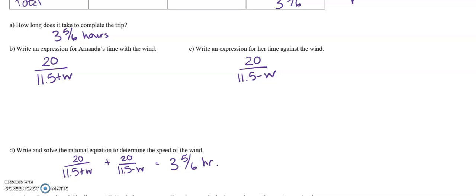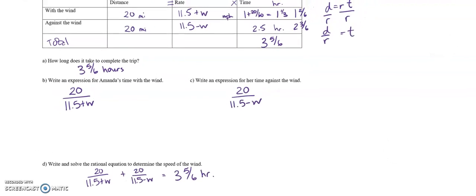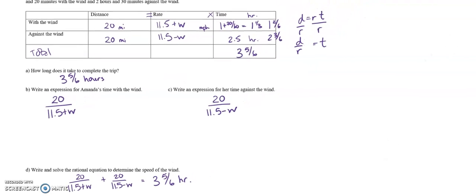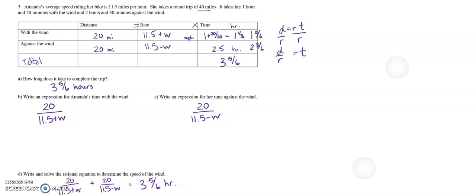So that's how they want you to do it using those rational expressions. However, this one's much easier to do without involving the rational expressions. So since we're all about taking the easier route, we're going to solve it without the rational expressions.